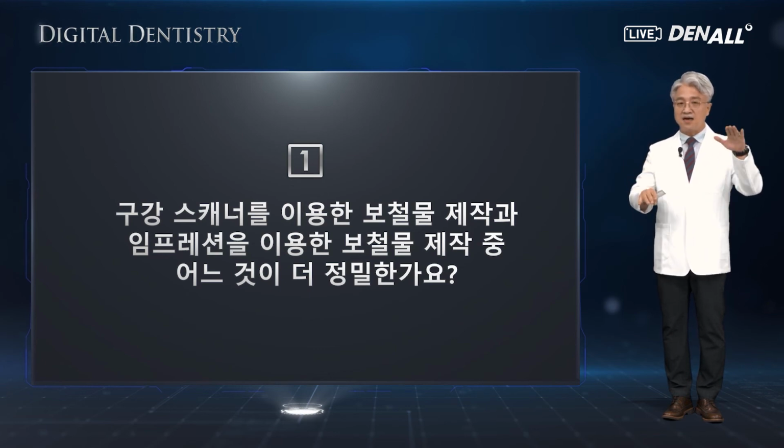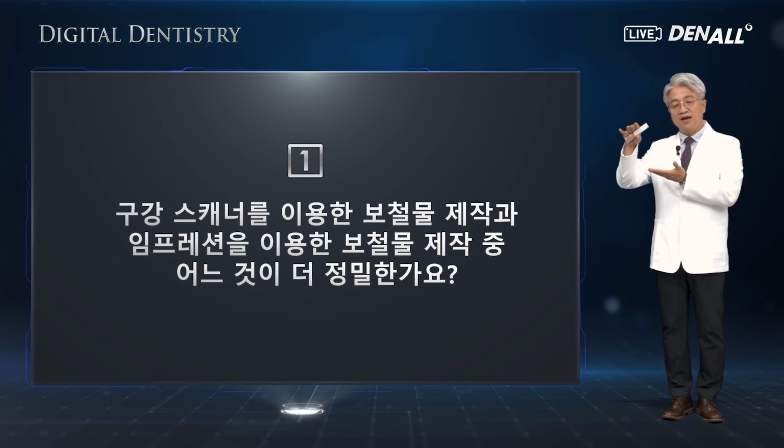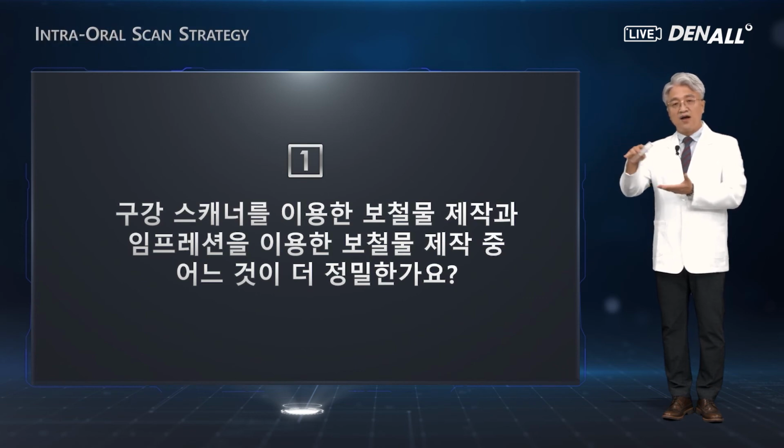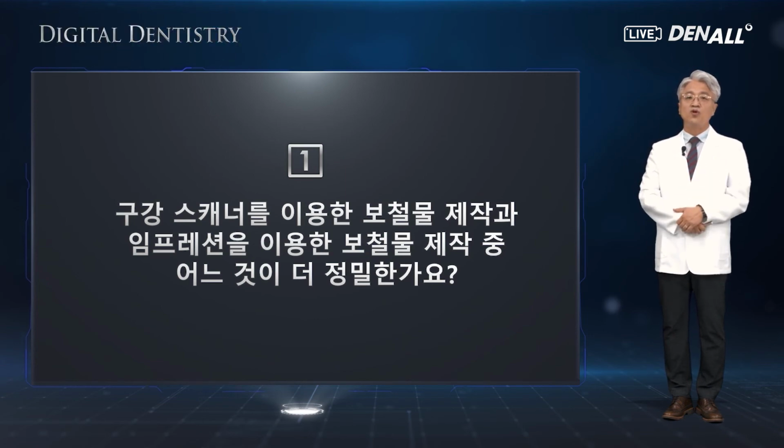So in adopting the modelless approach, I looked at the errors made in the two different approaches. Fewer errors were made when an oral scanner is used for the fabrication of prosthesis. That's something I observed with my own eyes and hands, and I also felt it with my body.